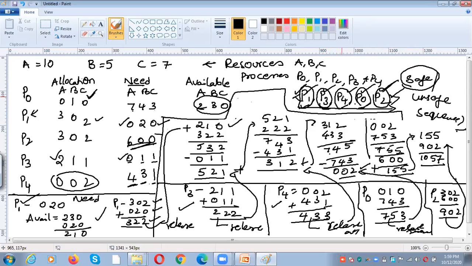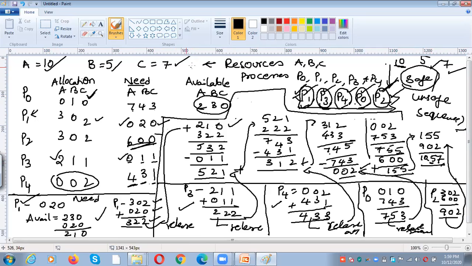So whether you are solving the problem correctly or not, how can we check? At the end of the sequence A, B, C, what is the value of A here? 10. What is the value of B here? 5. What is the value of C here? 7. So 10 A instances, 5 B instances, and 7 C instances.